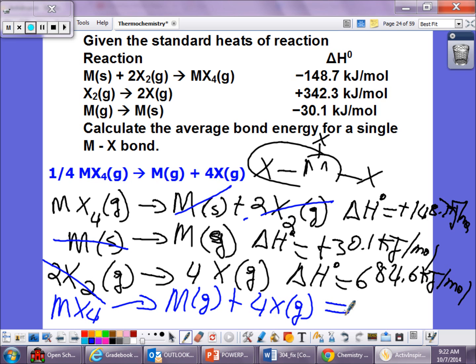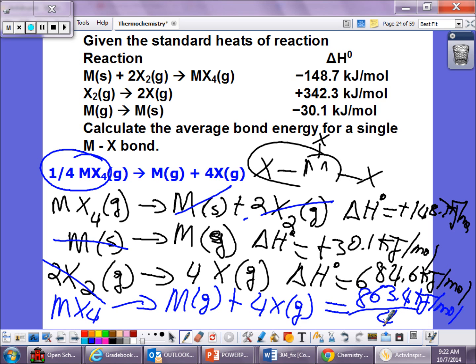So can someone give me the answer, please? 863.4 kilojoule per mole. But this is not the answer, because we said we need 1/4. They need the energy for only 1 MX. So we need to get that answer and divide by 4 to get it for only 1 MX.